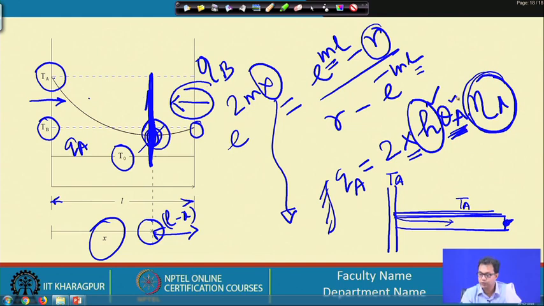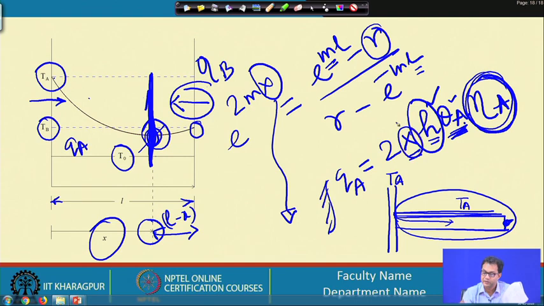So, here we have put it as theta a, as if this entire fin is at the fin base temperature TA. So, we are multiplying it with the fin efficiency eta a, and multiplied by the heat transfer coefficient, and this is the length of the fin. So, by that way we would be able to calculate QA.